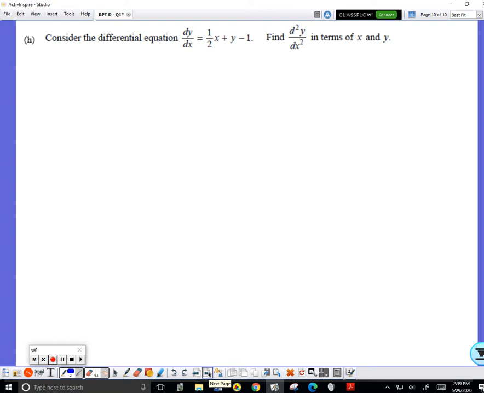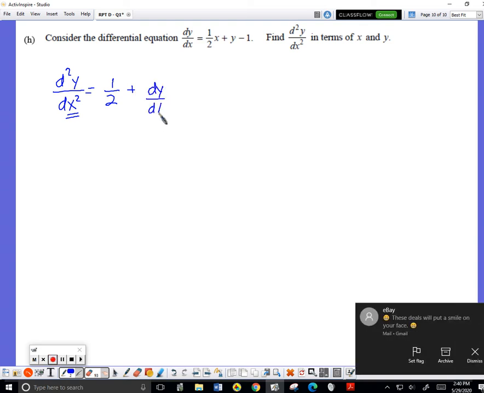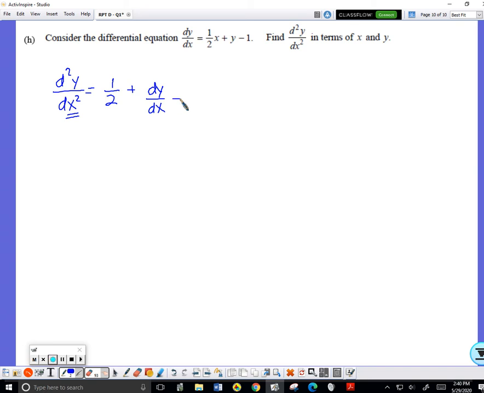Consider the differential equation, find second derivative. So going to work here, so you got the second derivative. It's going to equal derivative of 1/2 x will just be 1/2 because we're differentiating with respect to x, plus dy dx minus 1.